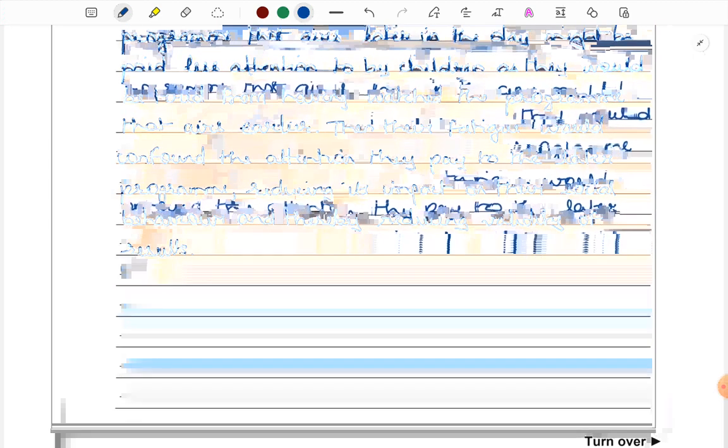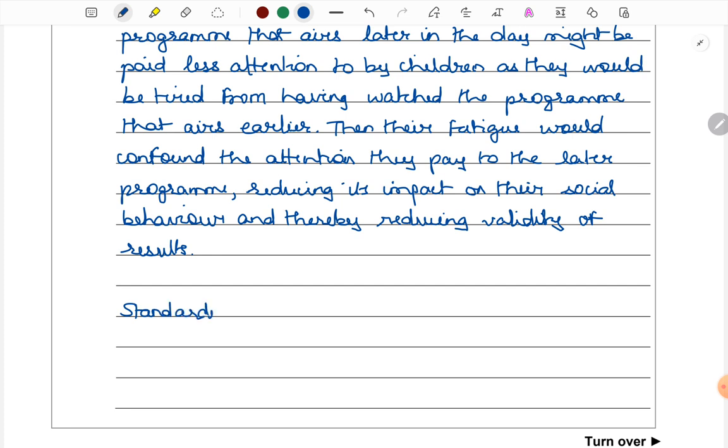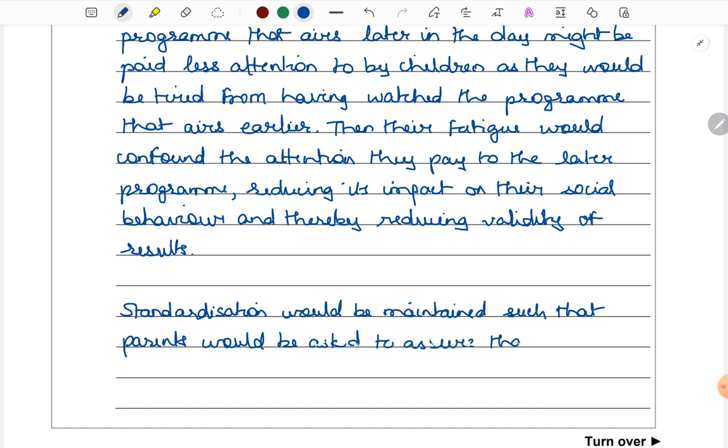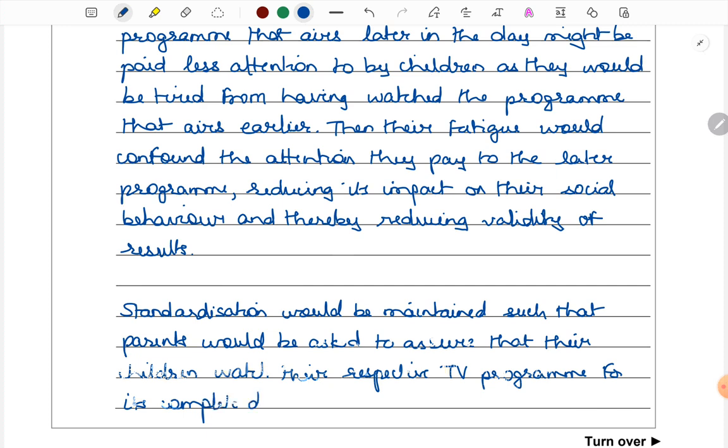Coming to controls and standardization, standardization would be maintained such that parents would be asked to assure that their children watch their respective TV program for its complete duration without moving away.